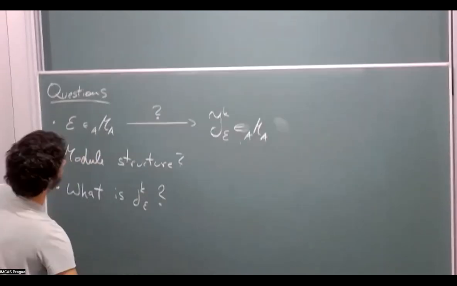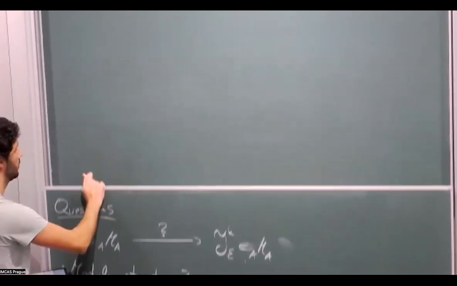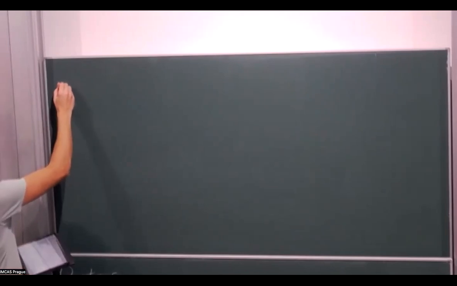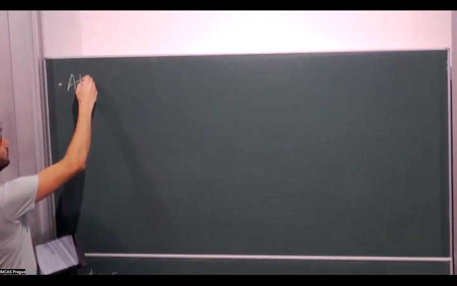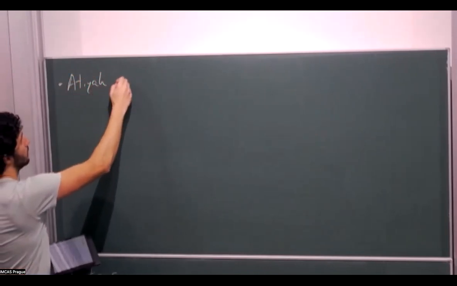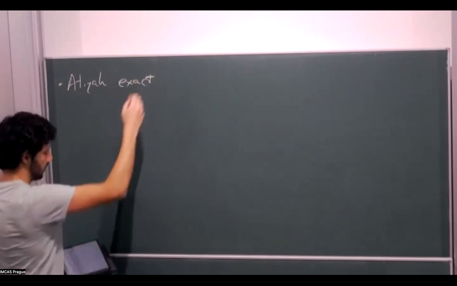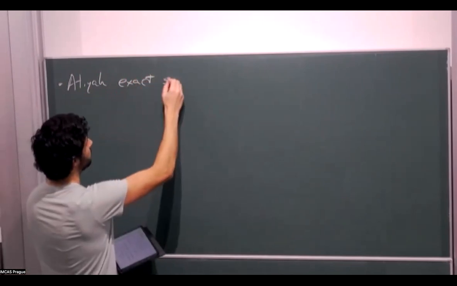To answer this, let me write it here. We have two sequences coming from classical geometry that guide the way, so to speak. The first one is called the jet exact sequence of C infinity M modules.